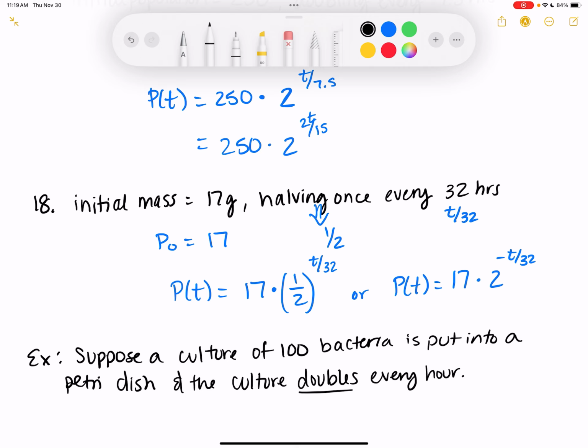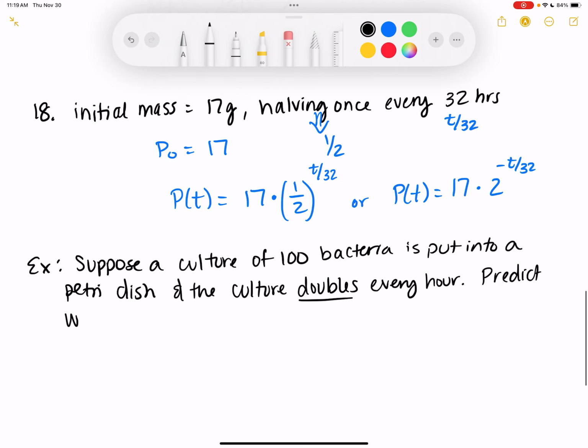Predict when the number of bacteria will be 350,000.